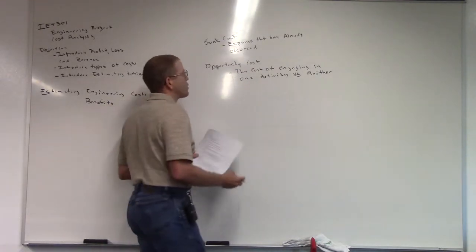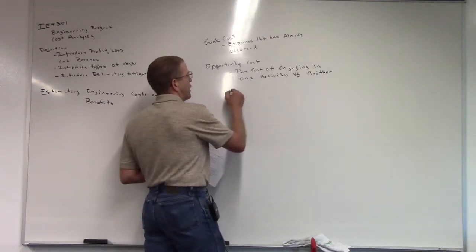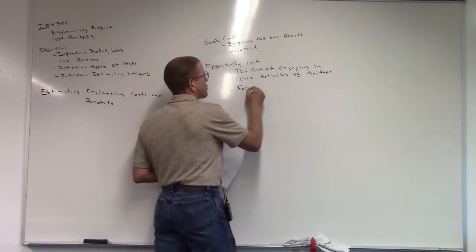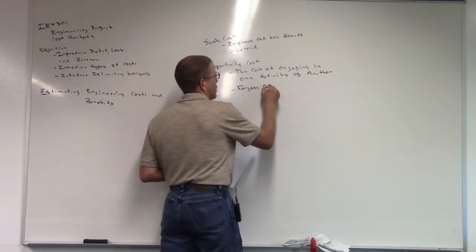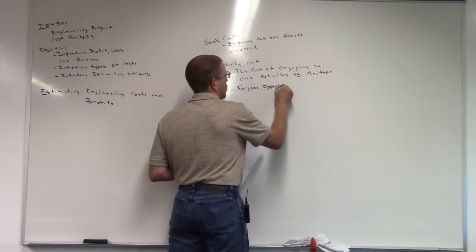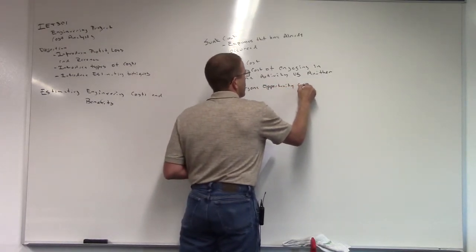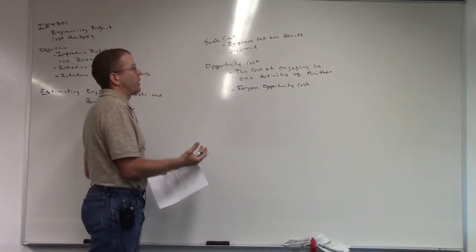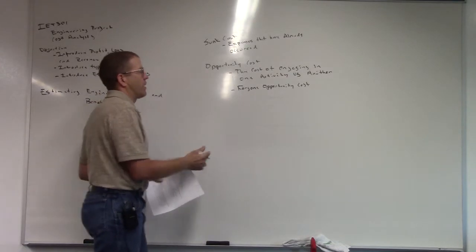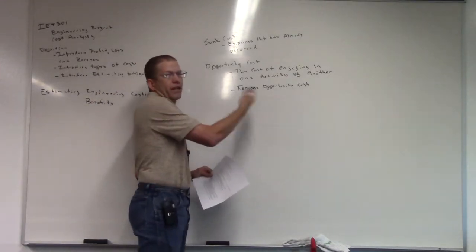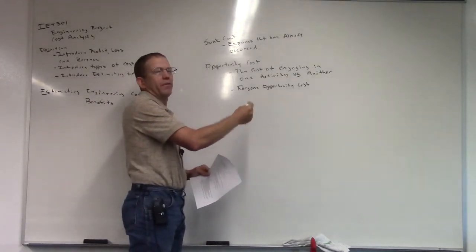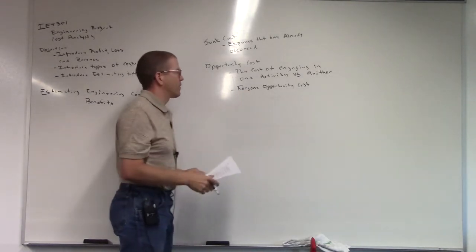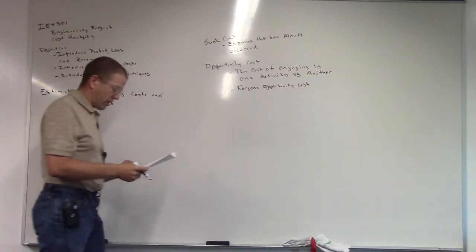If we do in fact choose one activity, then we encounter what's known as a foregone opportunity cost, because once we choose one activity over another and engage in that activity, the other opportunity is gone to us. It's no longer available. We've already decided our path. The opportunity cost of that other is no longer available to us.